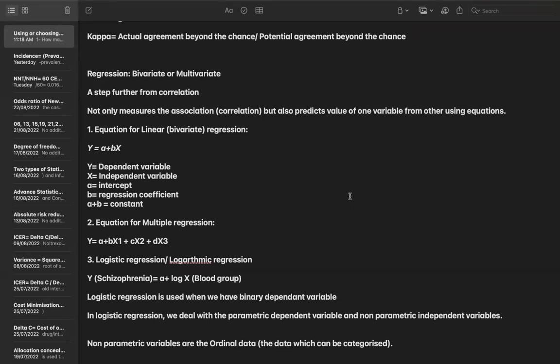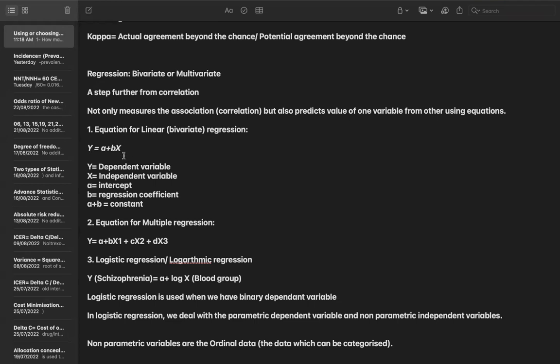The equation is y is equal to a plus bx. You should remember this equation. The y is the dependent variable and your x is your independent variable. Y is dependent on the independent variable, which is x.